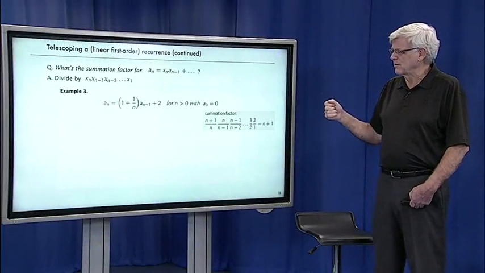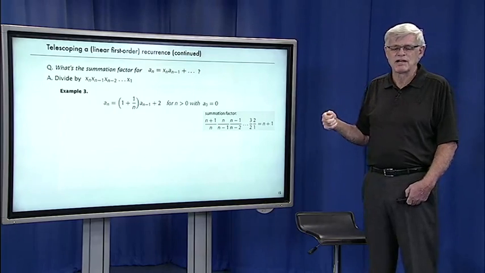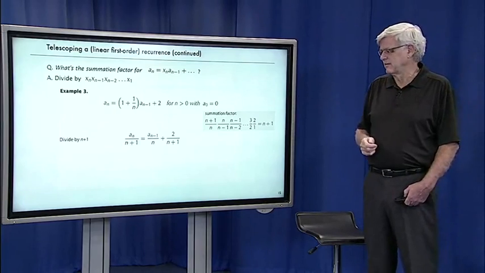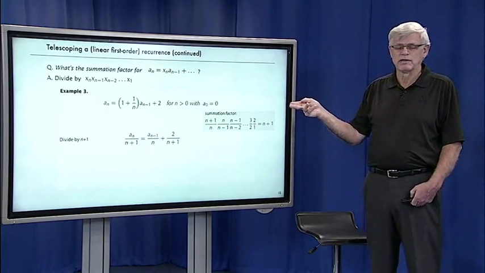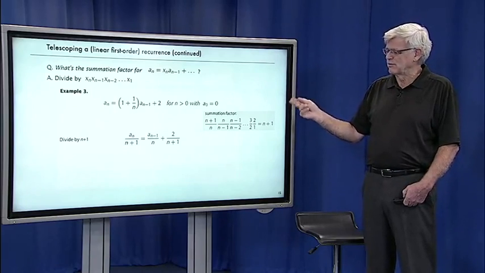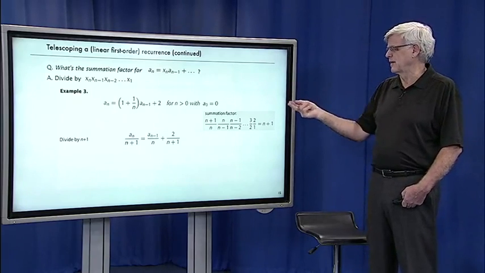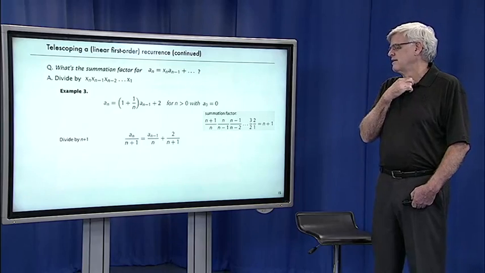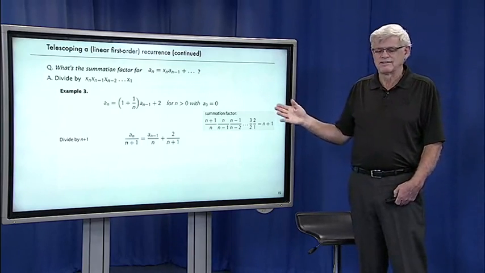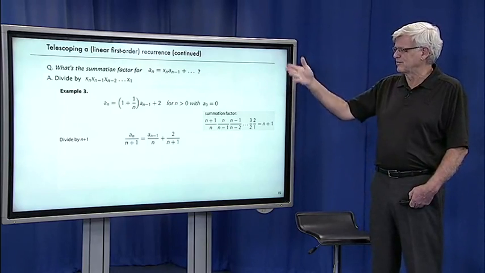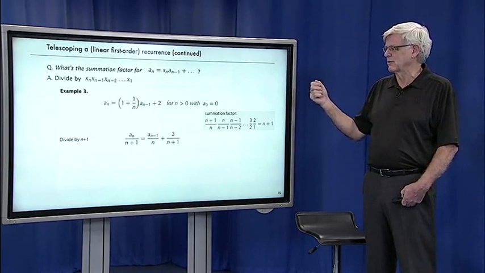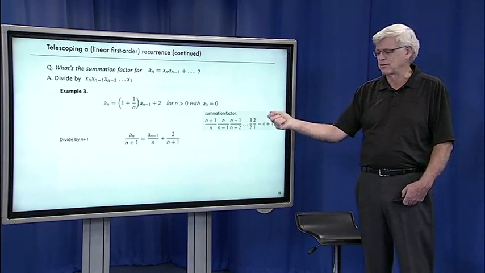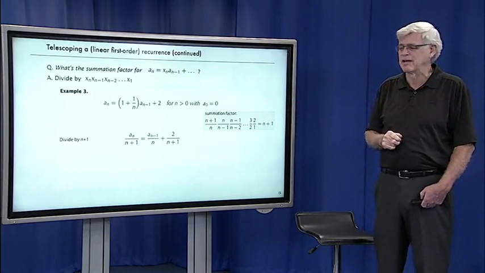To solve this recurrence, what we should do is divide both sides by n plus 1. Then we have a_n over n plus 1 on the left, a_{n-1} over n on the right, and 2 over n plus 1 as the term that's added on. I presented this as magic in the quicksort lecture, but this is the same type of thing: take a simple recurrence and reduce it to one that telescopes by using a summation factor.